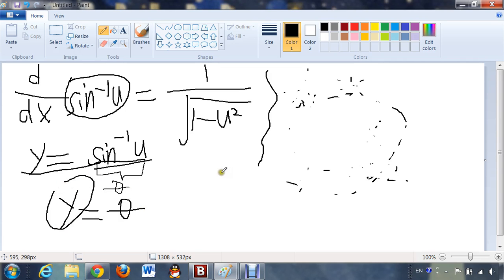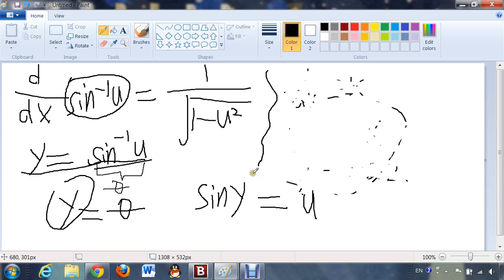If the inverse sine of something is the angle y, that means that the sine of this angle is u, because the inverse reverses, vice versa.